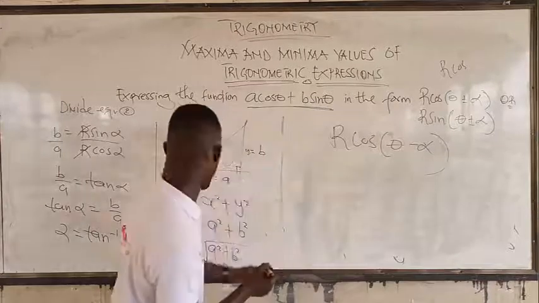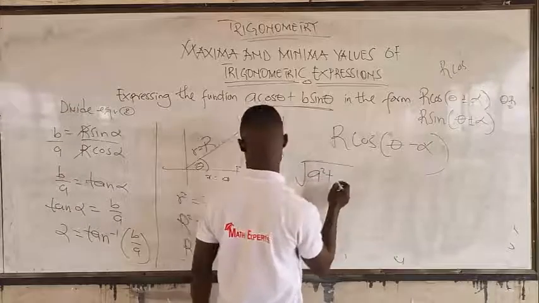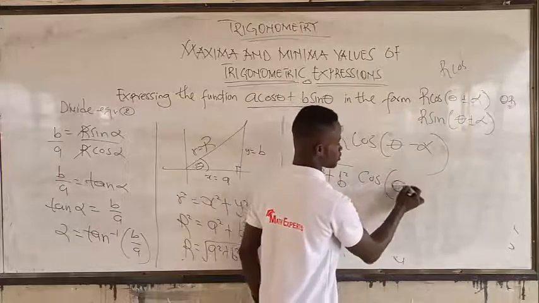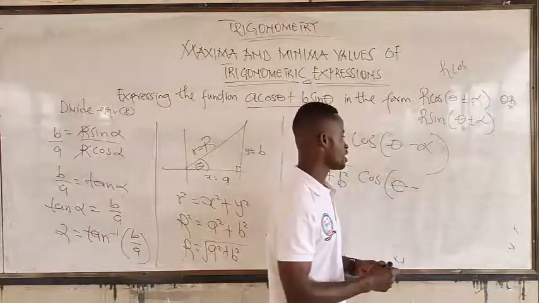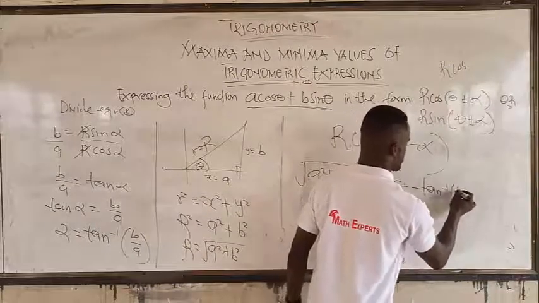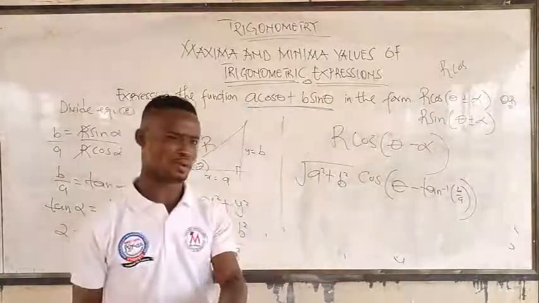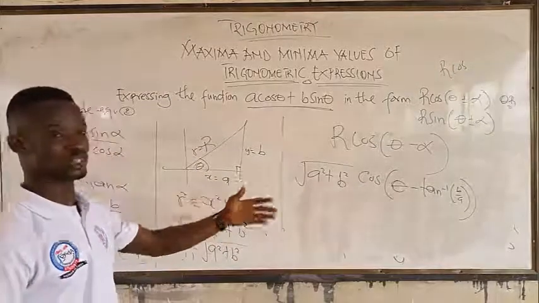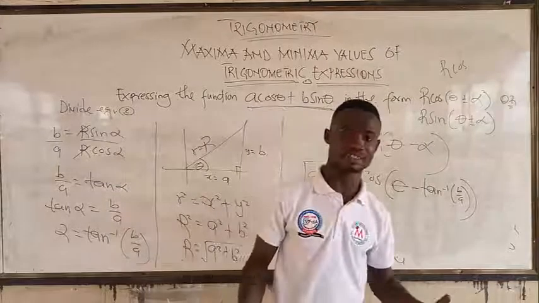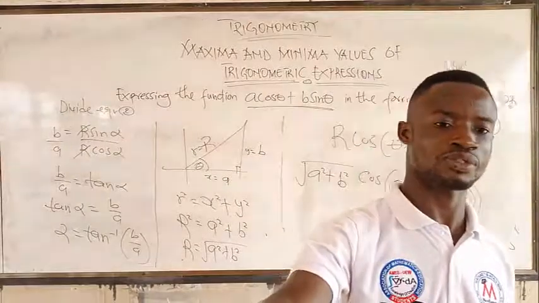So now we know that R is the square root of A squared plus B squared, times cos of theta minus alpha. And the alpha is tan inverse of B over A. And that is all. Please, I'm not telling you to memorize this. Just go through the steps and understand it. When you get such a question, you will be able to do it.